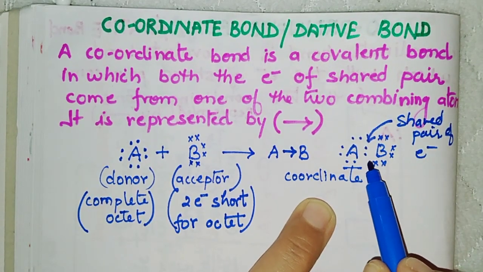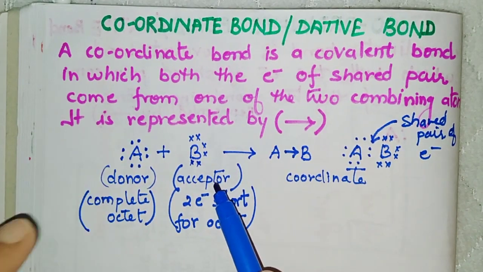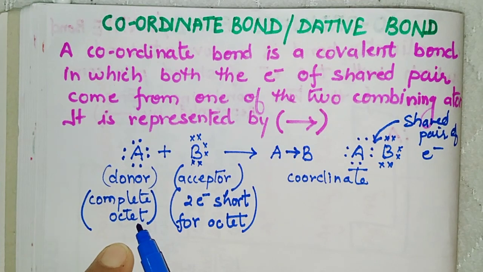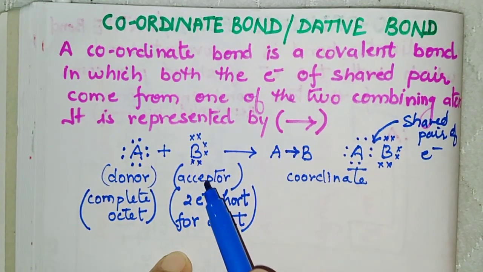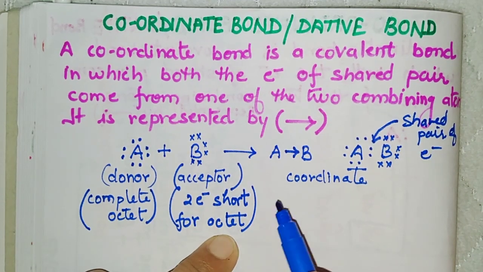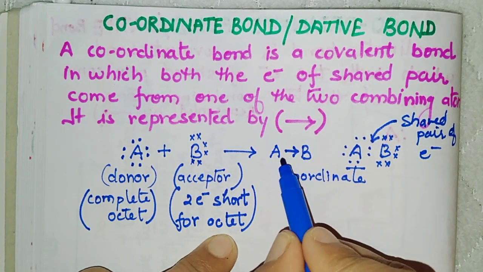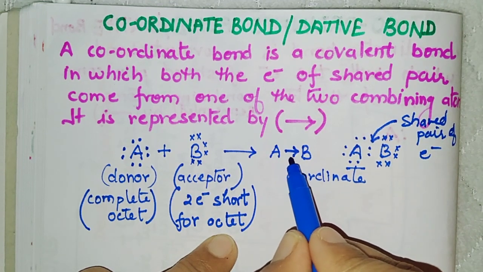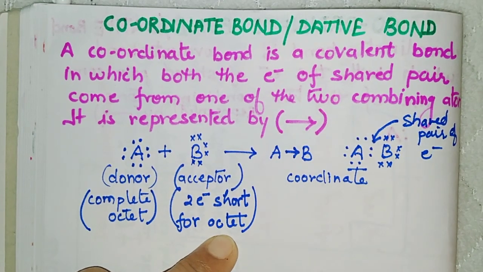The shared pair of electrons is given only by A. A is your donor, so the donor must have its complete octet, and B is the acceptor, so B should have a shortage of 2 electrons to acquire an octet. So the bond will be formed between A and B. Because A is a donor, the arrow will be shown towards B. So this bond is your coordinate bond.